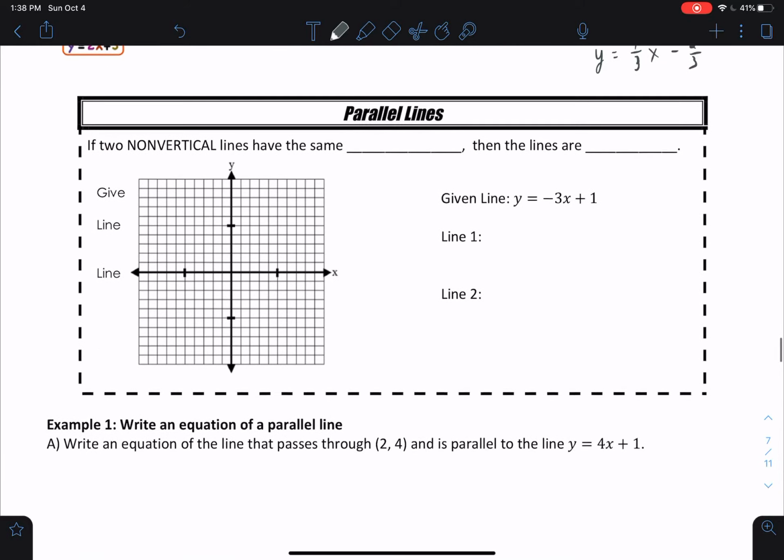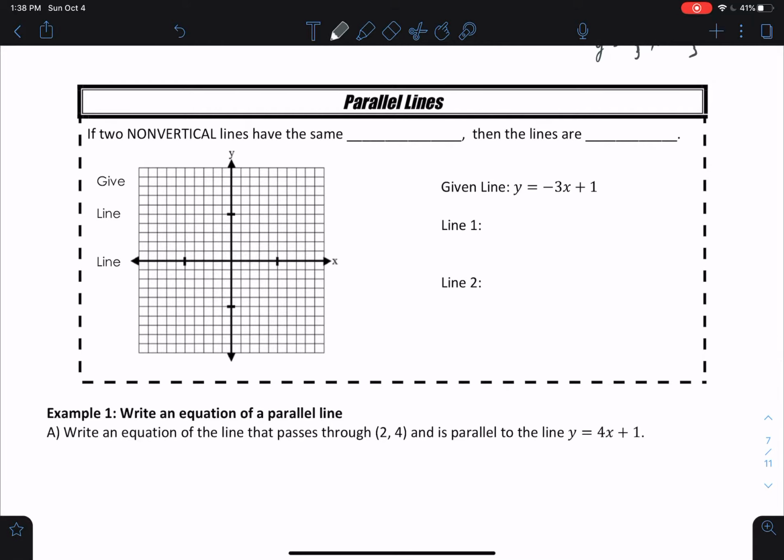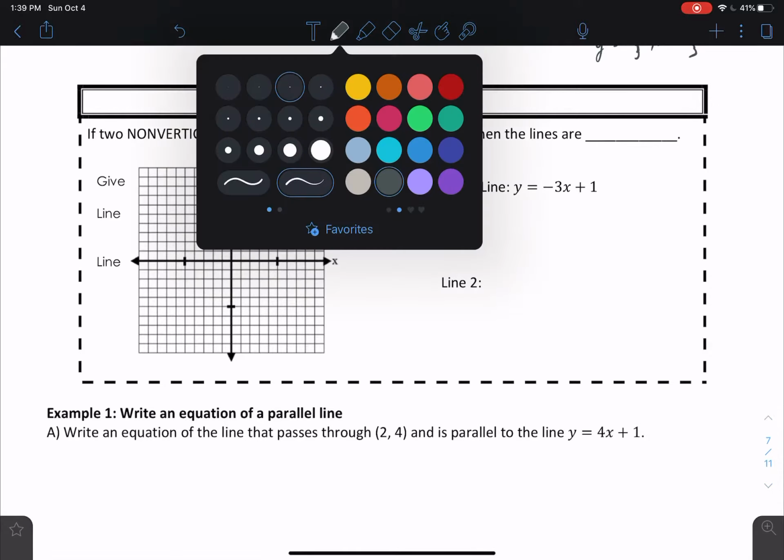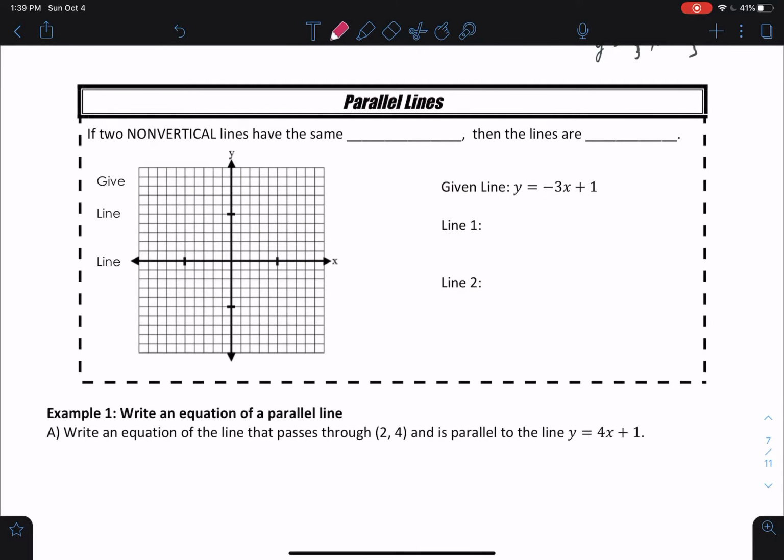So, parallel lines. How do I know if two lines are parallel in a coordinate plane, or if I'm given their equations? If two non-vertical lines have the same slope, then the lines are parallel.